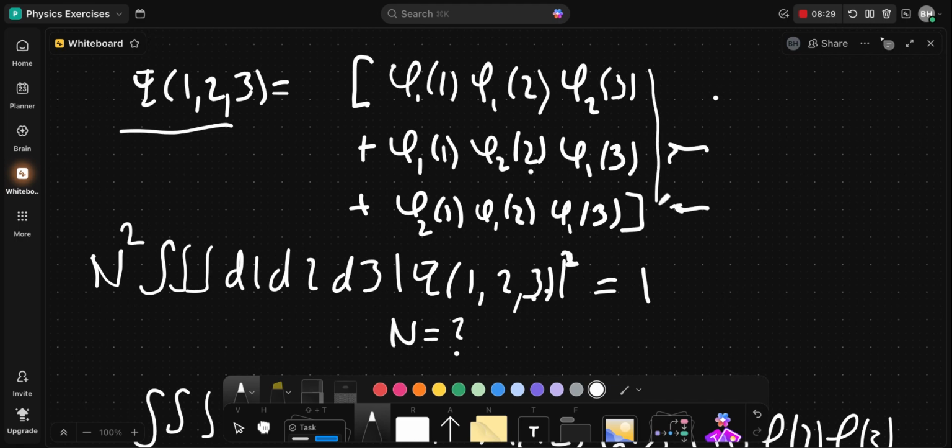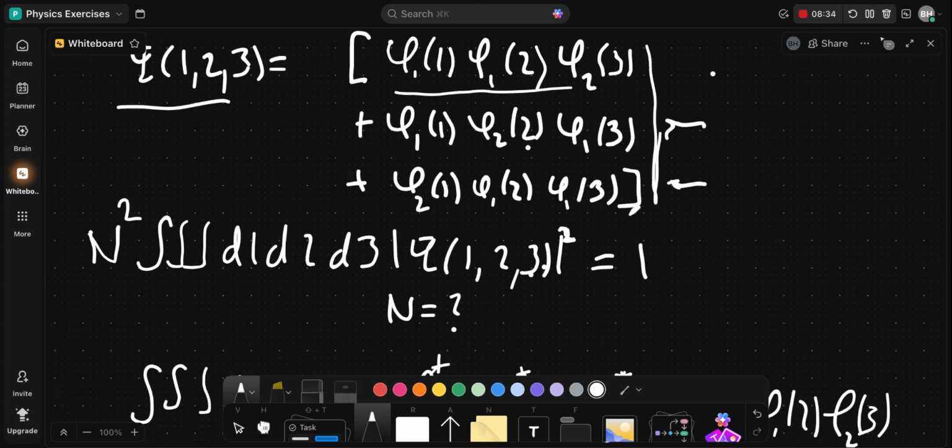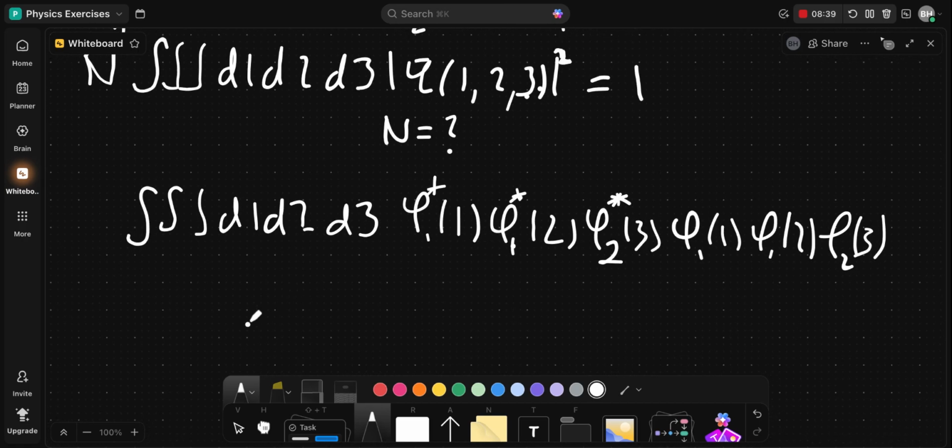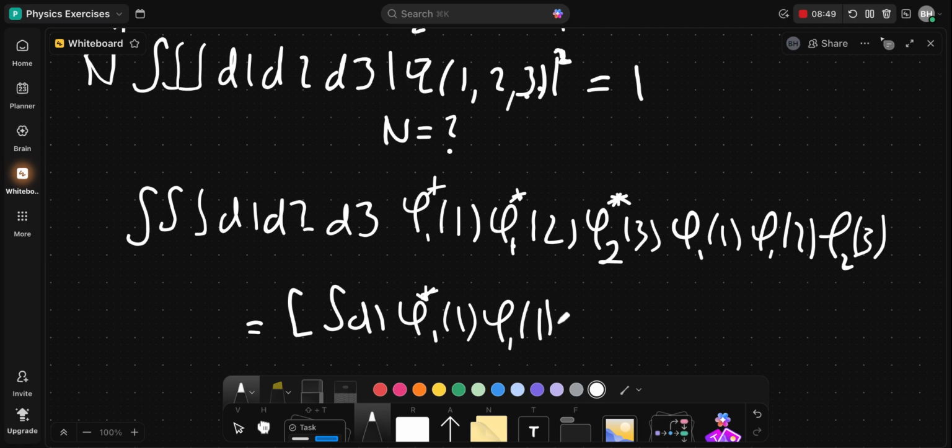So this is your full wave function, and you take this and you substitute it in here, and you square it. So this times itself is precisely this term, but this can be written as a product of, for example, this integral, then a product of this integral, so that's a 1.